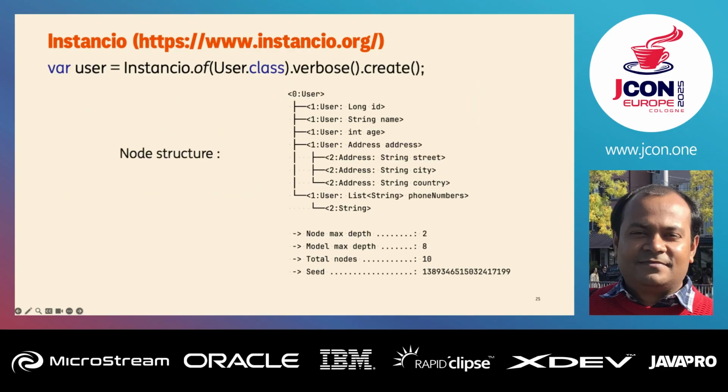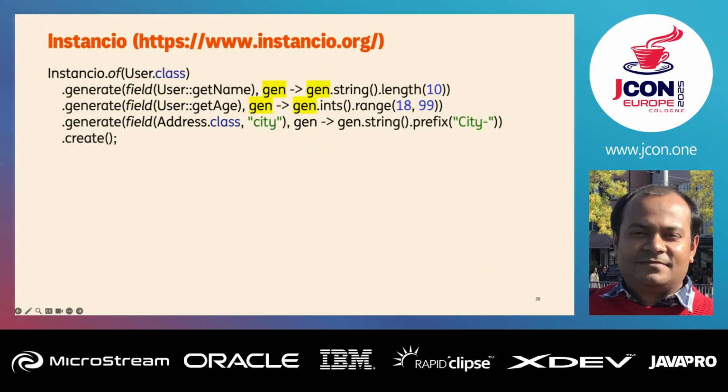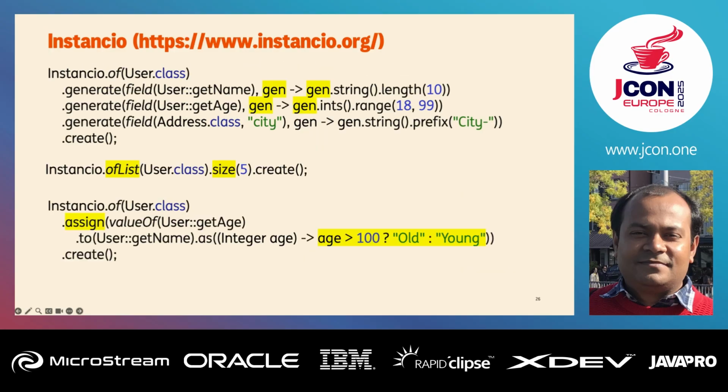This is one example that tells you how it goes into the depth of the object and creates the structure. By default, it is 8, but then you can make it customizable. And one thing which I'm not going to include in this short talk is the possibility to do customization.